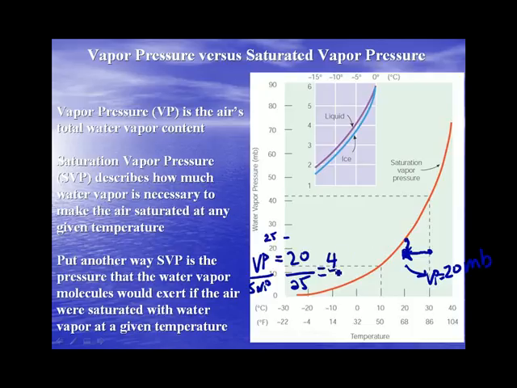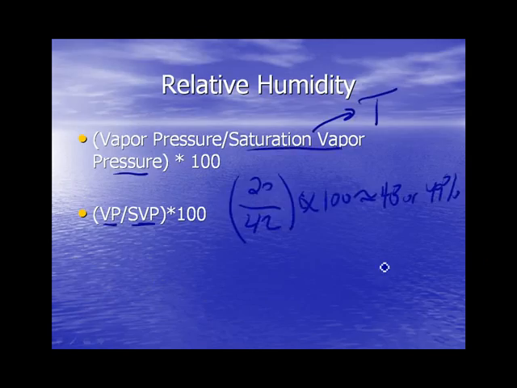And so that's 4/5, which is 80%. So now our relative humidity has gone from around 50% to 80%, even though the amount of moisture hasn't changed. Kind of mull that over.